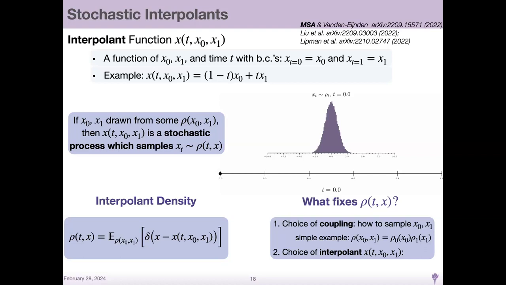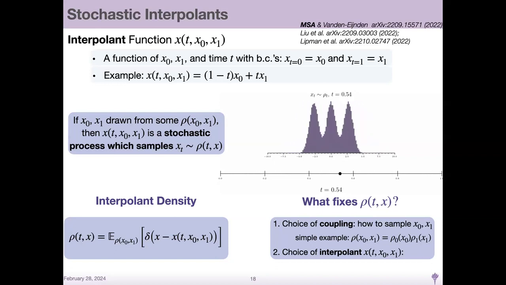It can be a very simple function that has the following qualities, namely at time t equals 0, this thing should just evaluate to x0, and at time t equals 1, it should just evaluate to x1. Let me give you a simple example. A very simple one is just (1 minus t) x0 plus t x1. That's an interpolant function that you can use.